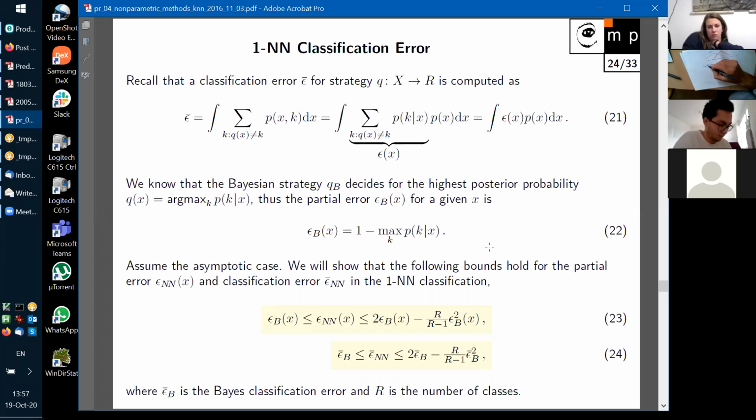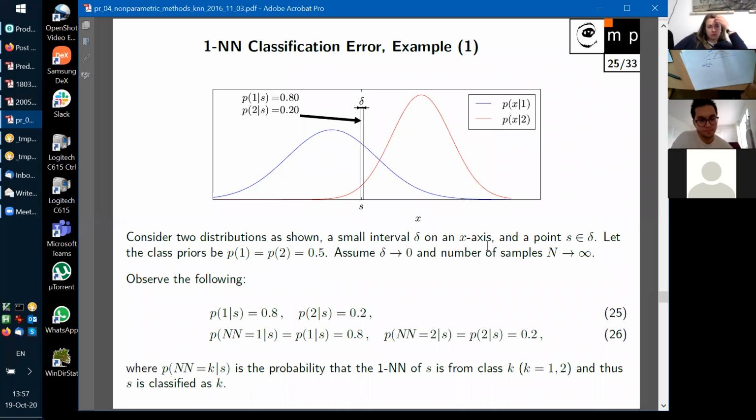Now, why is that? I'll leave these theoretical calculations here, and I'll show it on this picture. This is the same picture that we have on the piece of paper, and we'll have a look at some point here. So let's see at the point S. From the two conditional probabilities, we have calculated P1(S) and P2(S), the a posteriori probabilities.